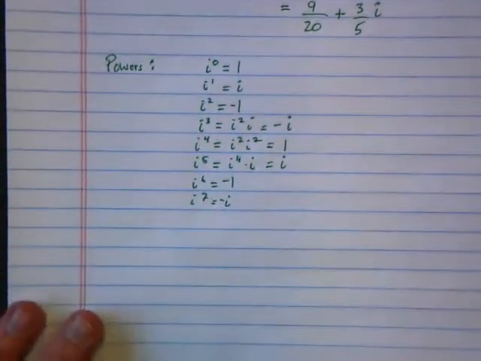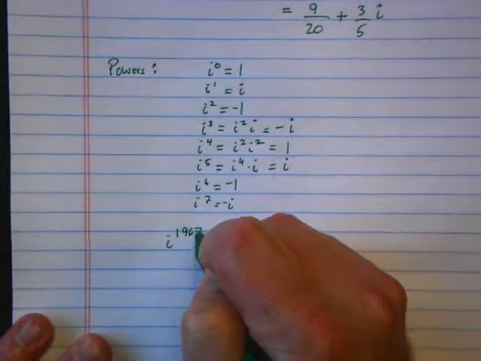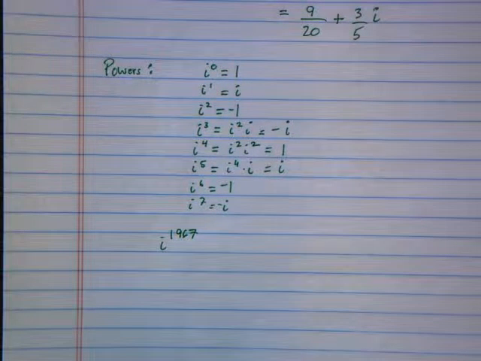All right, so how much is i to the 1,967? Well, it's one of those 4 things. You have a 1 in 4 chance of being right. Any guesses? Negative i. How'd you get negative i?